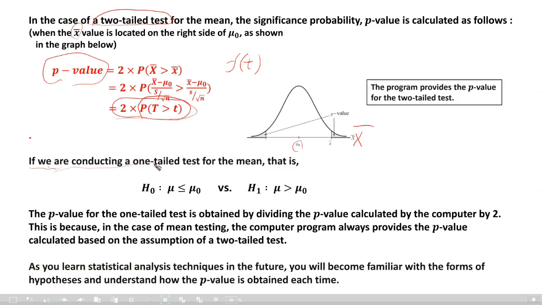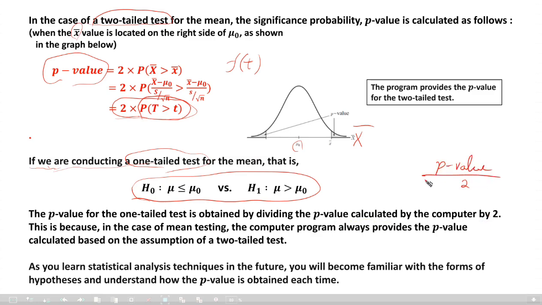When conducting a one-tail test for the mean, let's say this way, this kind of hypothesis testing problem, the p-value for one-tail test is obtained by dividing the p-value calculated by the computer by 2. Your computer calculates p-value, then divide by 2 for this kind of one-tailed test problem.